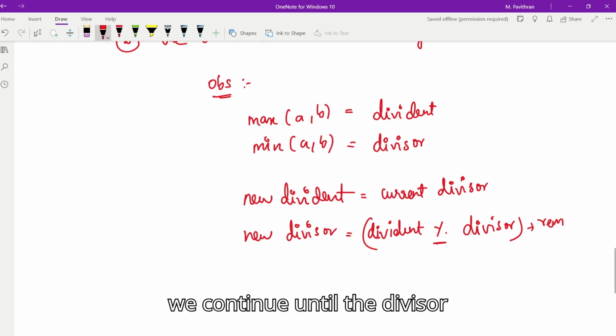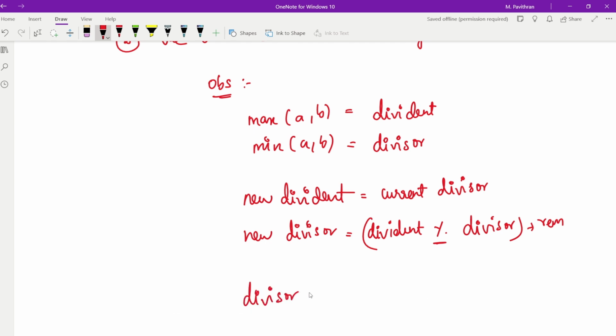Now we continue until the divisor is not equal to 0, right?